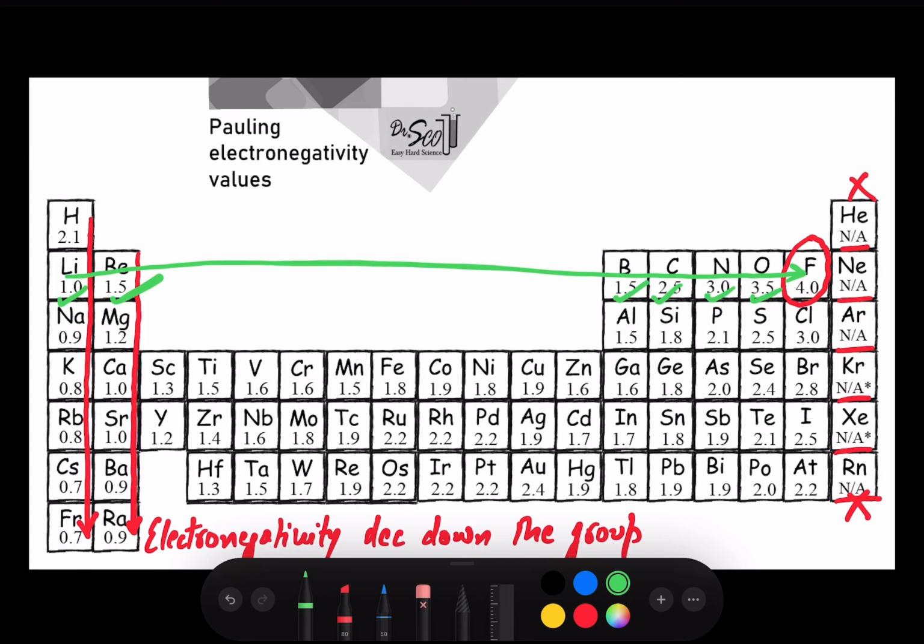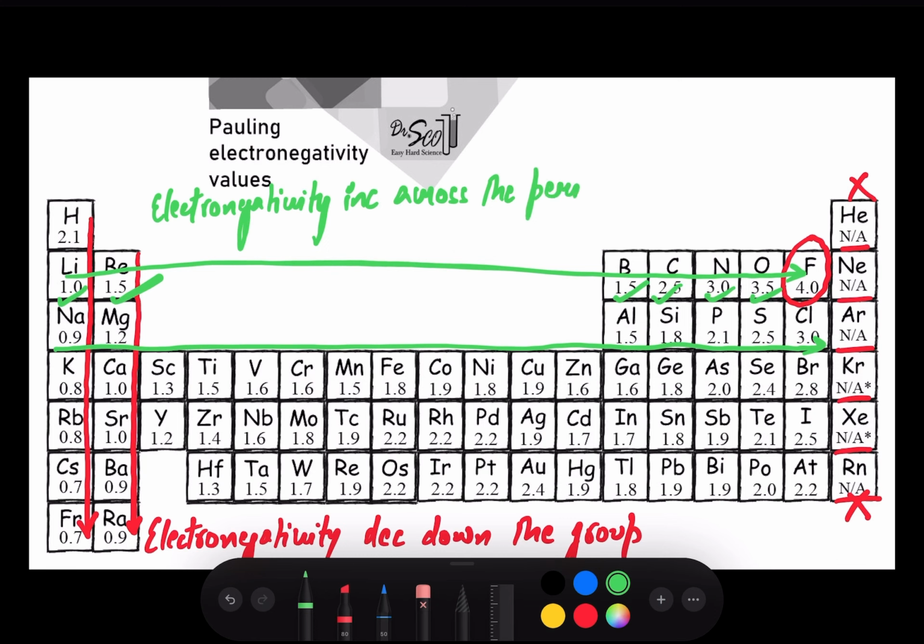Now let me take period number 3, left to right. We can easily observe that the value is increasing. So the value of electronegativity increases across the period.